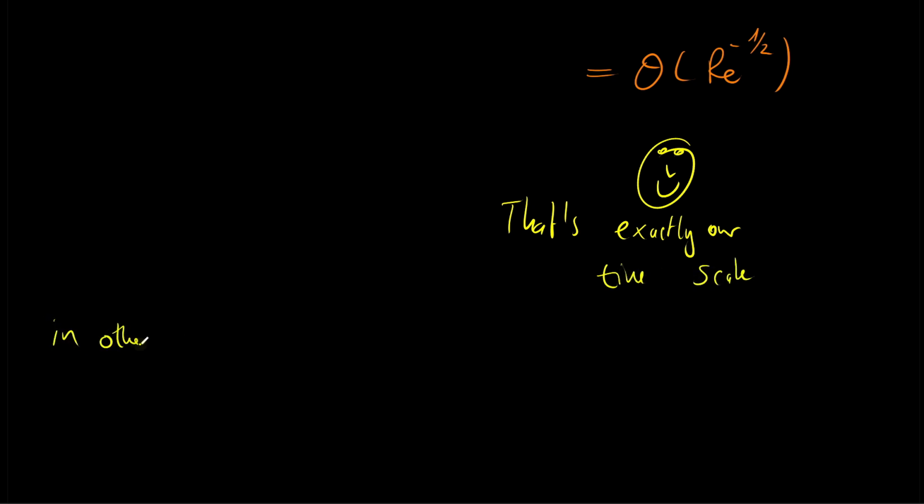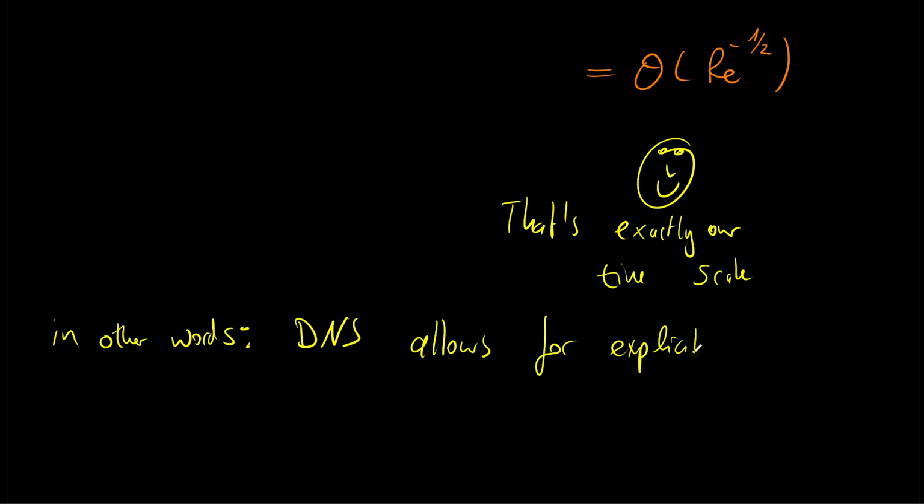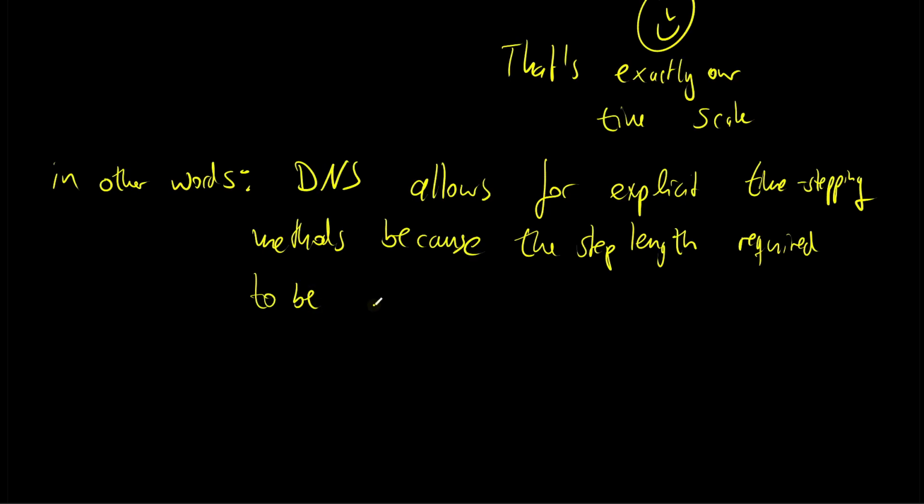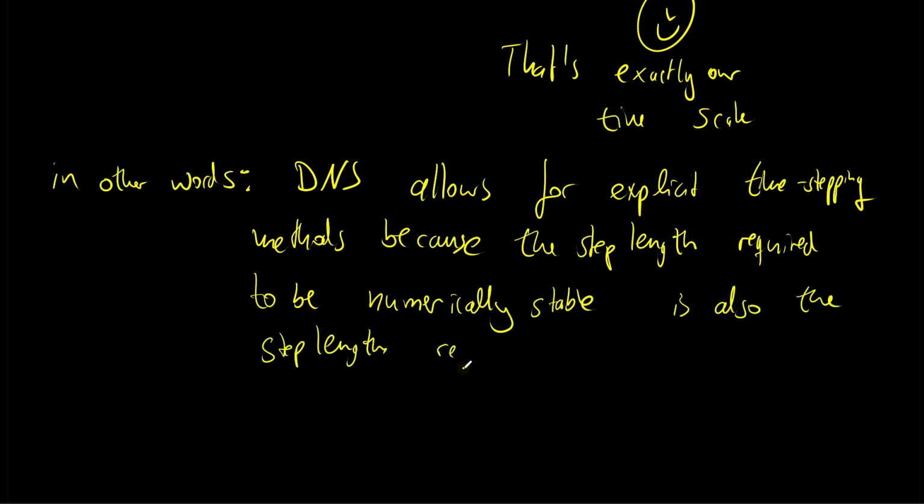And in other words, because that's such an important remark, the direct numerical simulation we want to do allows for explicit time stepping methods, and that is because the step length required to be numerically stable is also the step length required to capture all scales. And that's great. So now we have the cost per time step and we have the number of time steps.